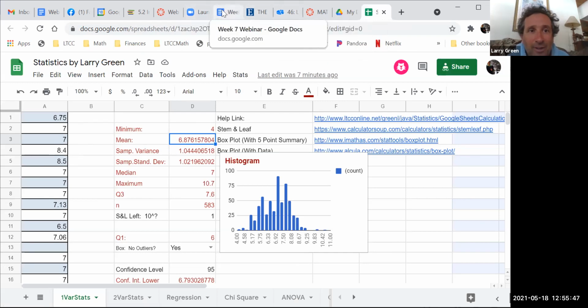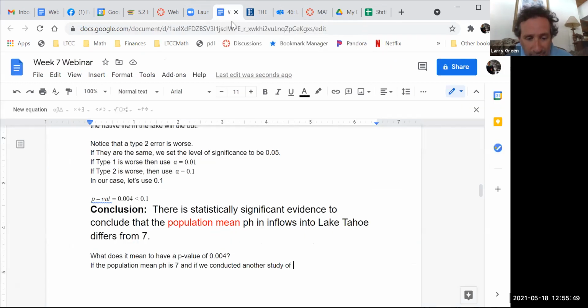So 583 water samples from many creeks, then there would be a 0.4% chance. So I took 0.004, turned it into a percent.